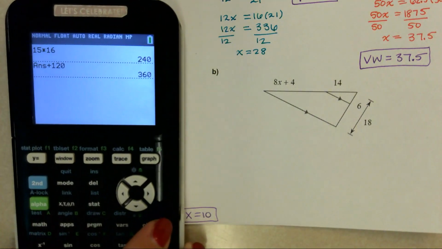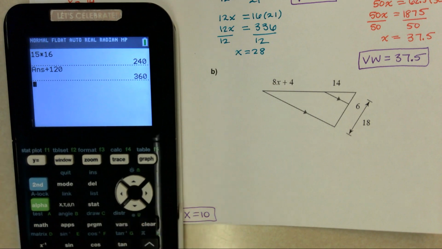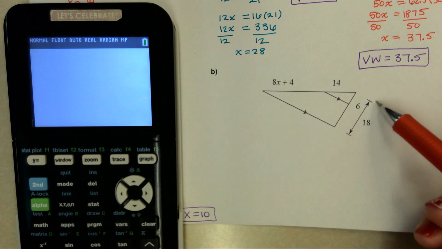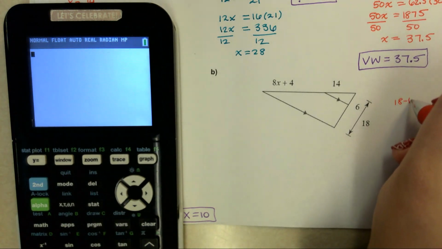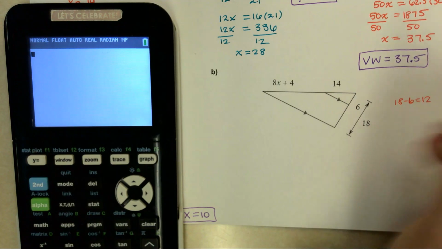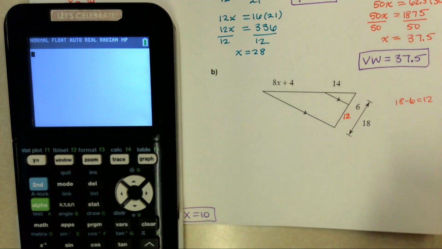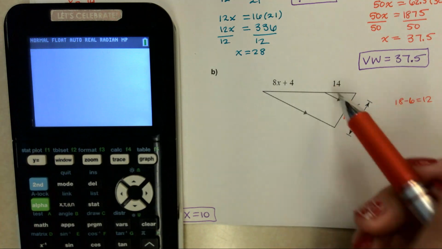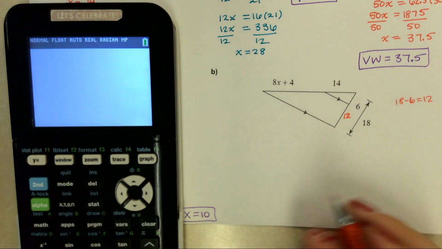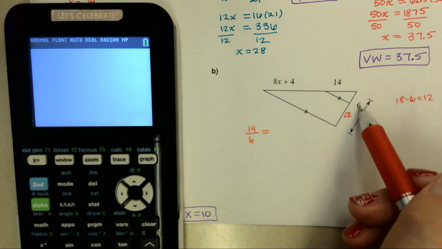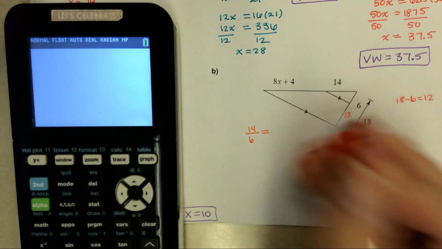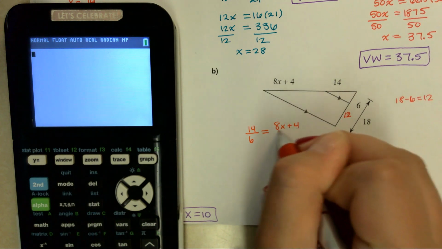Over here in B, before I set up my proportion, I'm going to start by taking this whole piece. 18 minus 6 is 12, and putting a 12 right here. Okay, and then I can set up a proportion. 14 is to 6, as 8x plus 4 is to 12.